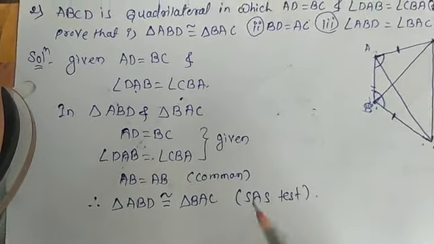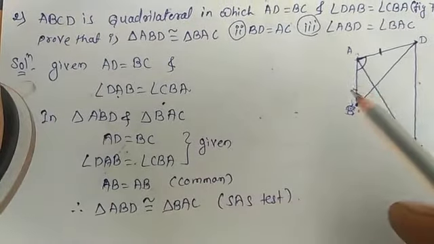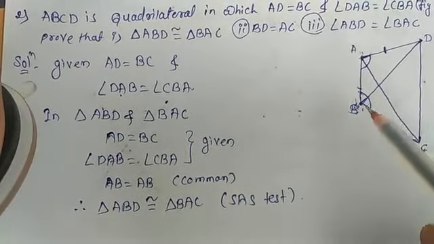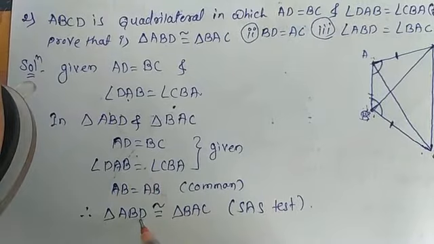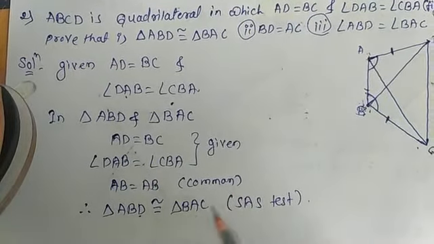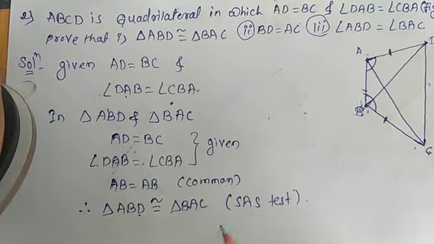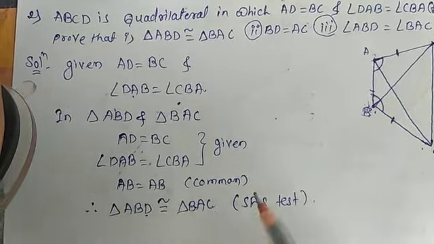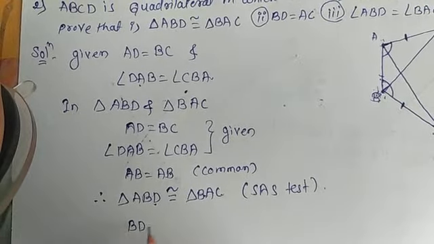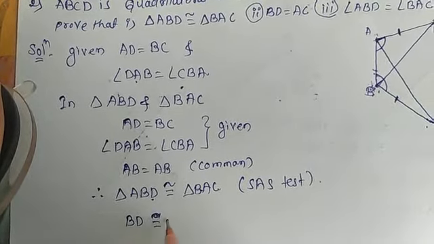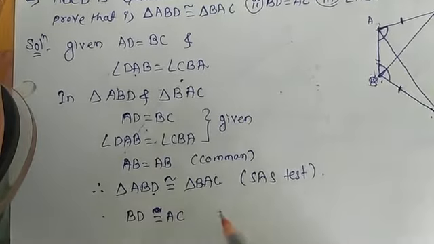Therefore by CPCT, because BD is a side of triangle ABD and AC is a side of triangle BAC, you can say that BD is equal to AC by CPCT.